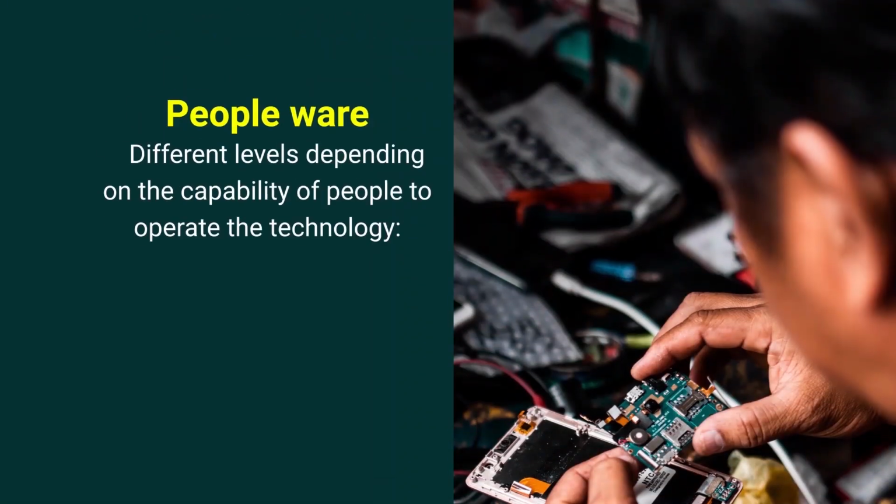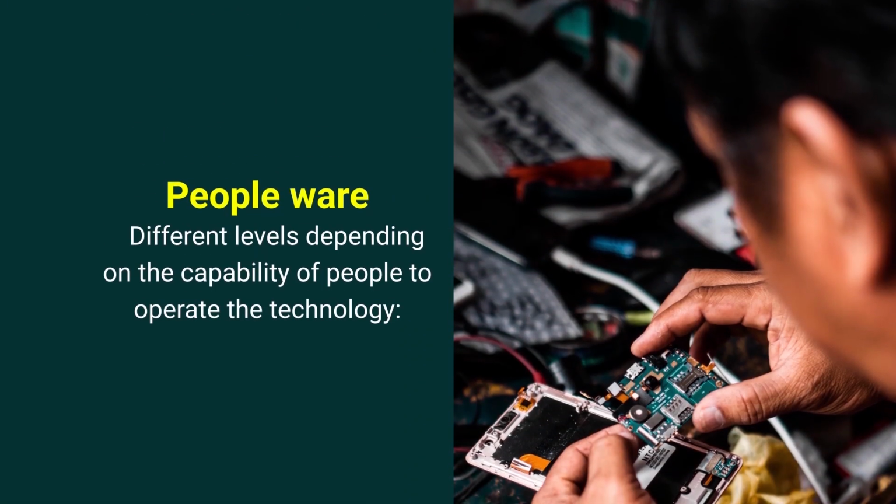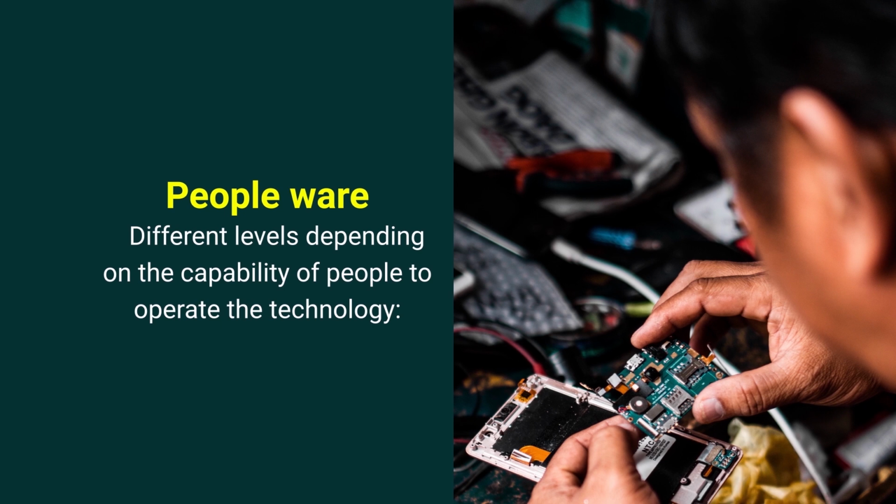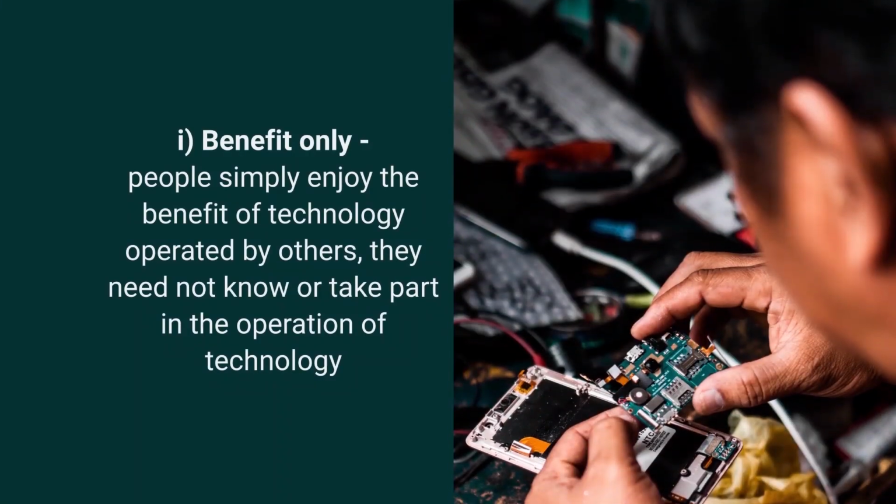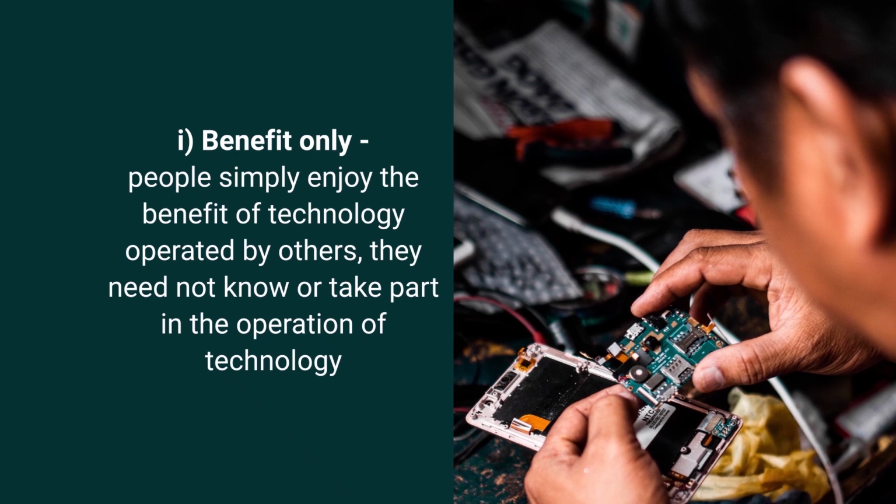Now, next let us see what about the peopleware or the manpower part of technology. The manpower or the peopleware part has different levels depending upon the capability of people to operate the technology. For example, the first level is the benefit only. Here, people simply enjoy the benefits of technology which is operated by others.